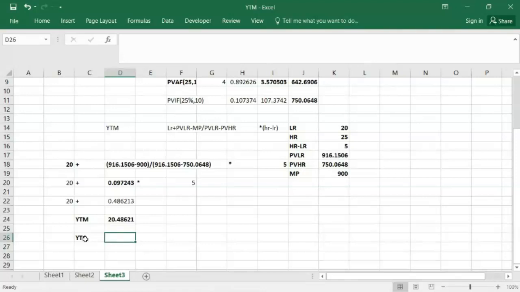The issuer is going to buy back its instrument from the investor before the maturity period. So it is called yield to call: till the date of call, what value is realized by the investor can be calculated on this basis. Okay, so this is about yield to call.